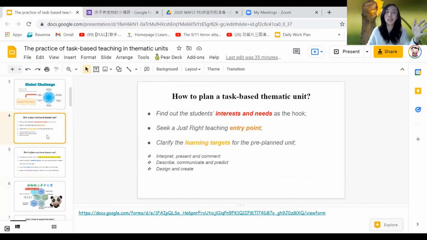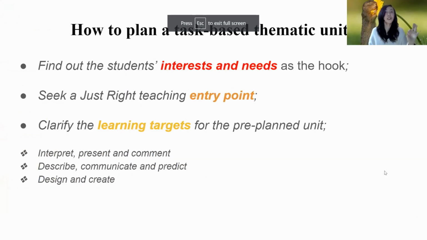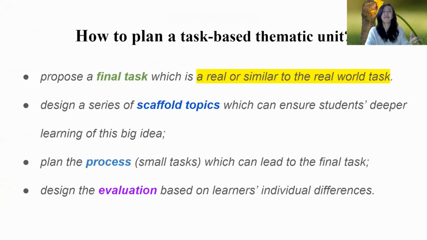So the first step I already shared with you is to find out their interests and needs, and the entry point is really important. The third one is clarify the learning targets. I'm pretty sure each of you have already tried it. So for my intermediate level students, I picked the three I showed below, and I proposed the final task, which is a real or similar to the real world task.